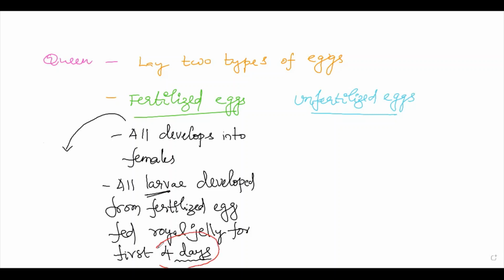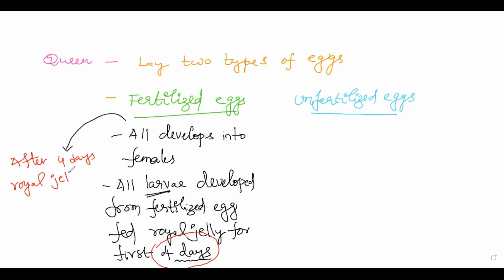All the females are fed royal jelly during the first 4 days. So after 4 days, royal jelly is fed only to the bees which are bound to become the next queen.